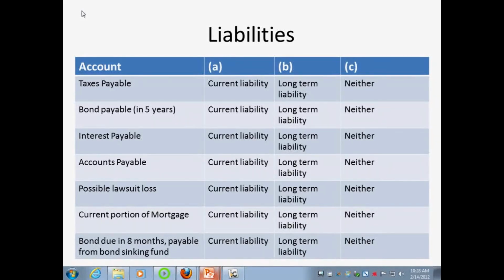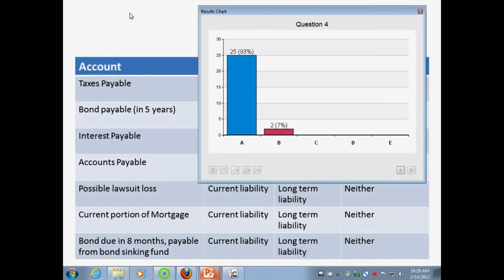Interest payable, is that current, long-term, or neither? All right. So most people agree that it's current. Why? When might it not be current?